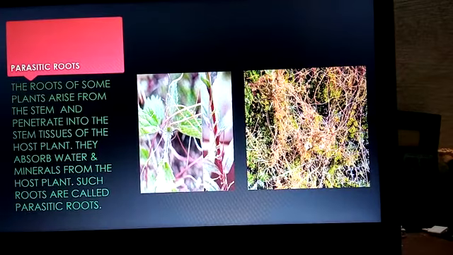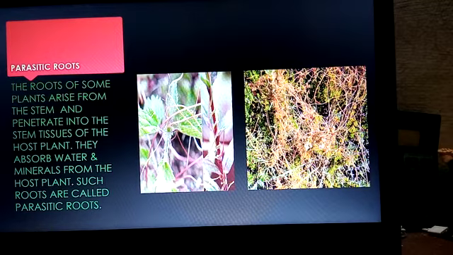Now coming to the third one, that is parasitic roots. What is a parasite? A parasite lives on another organism and derives food from it. In the same way, there are some roots which arise from the stem and penetrate into the stem tissues of the host plant. It needs some support, so these roots coil around other plants and take food from them. The plant on which it is coiled becomes the host plant.